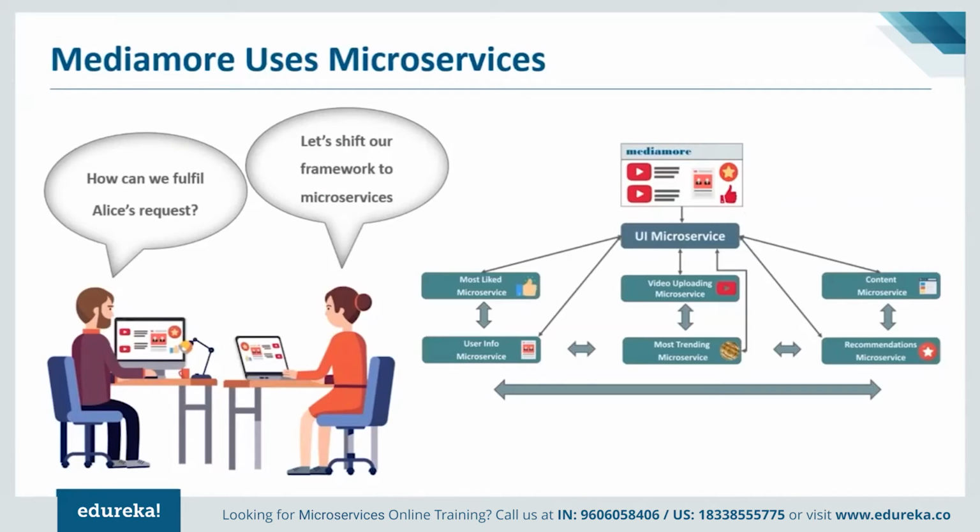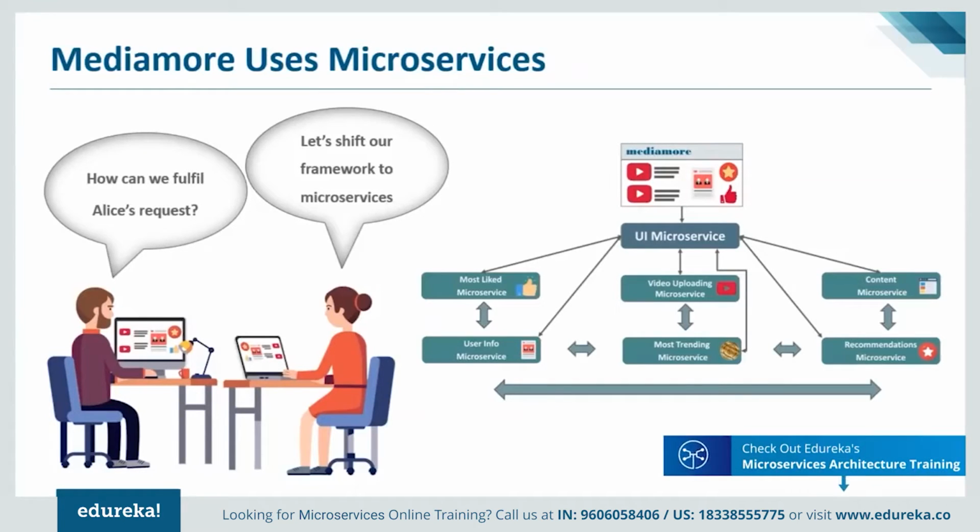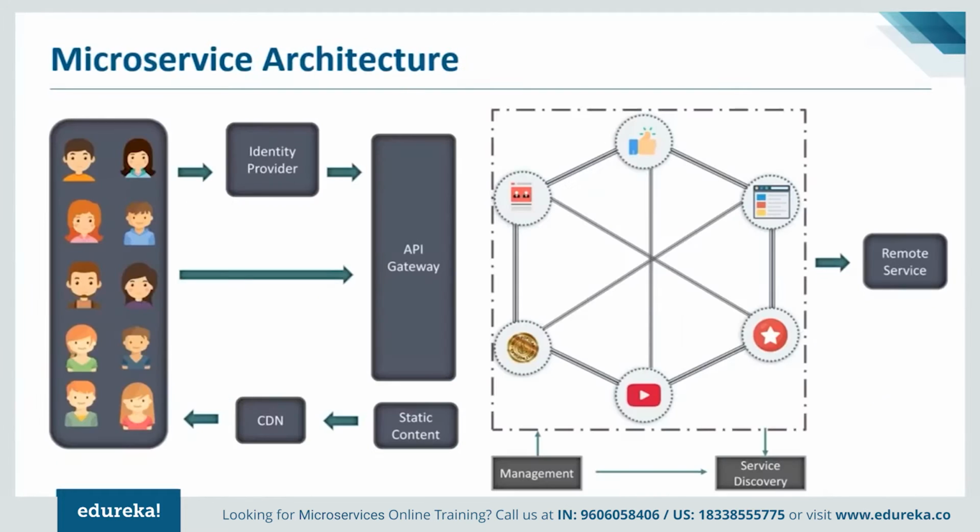To fulfill Alice's request, developers of MediaMore decided to shift their application from a monolithic architecture to microservices. But before getting into how the developers shifted their monolithic framework into microservices, let me brief you a little bit about different parts of microservice architecture. The architecture consists of various users who send requests from various devices. These requests are authenticated by the identity provider and are passed on to the API gateway.